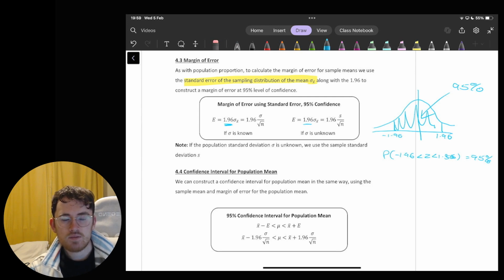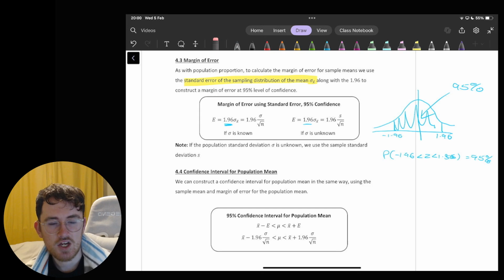What's important here is you need to make sure that you are including the 1.96, because we need to be within that 95% confidence range. So for the margin of error, I'm including the 1.96 to account for that 95% confidence. My sigma over root n is my standard error, the standard deviations from the mean within those sampling distributions.